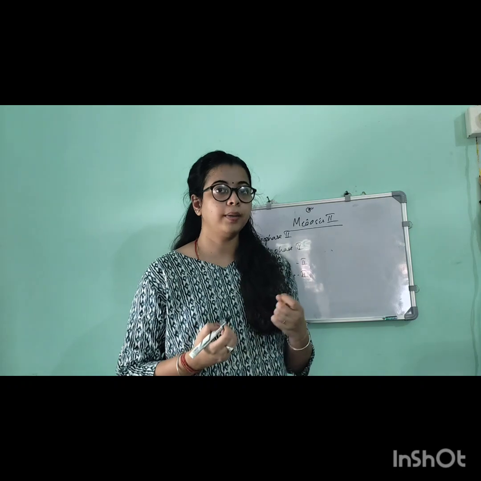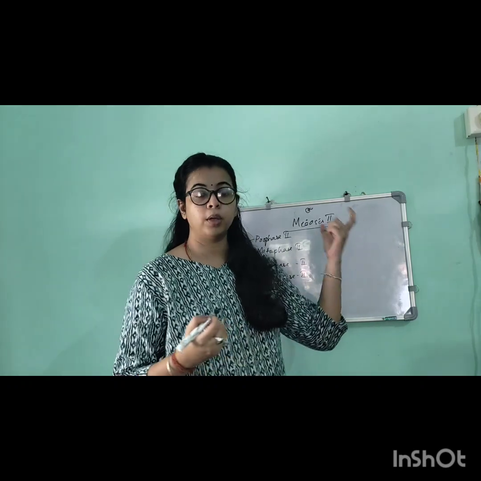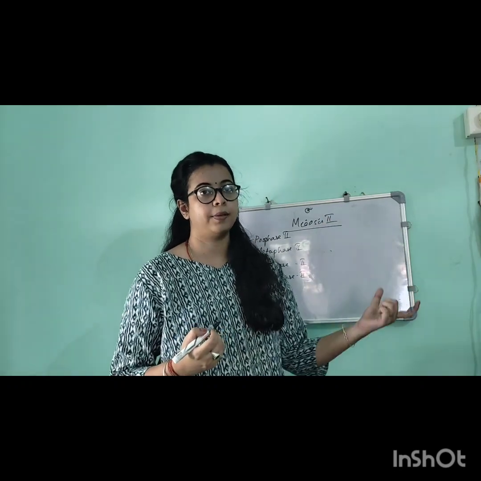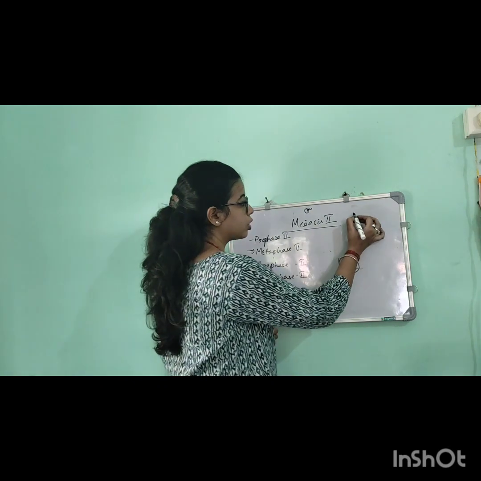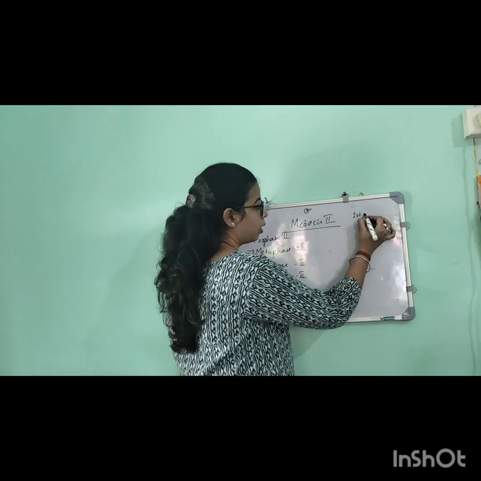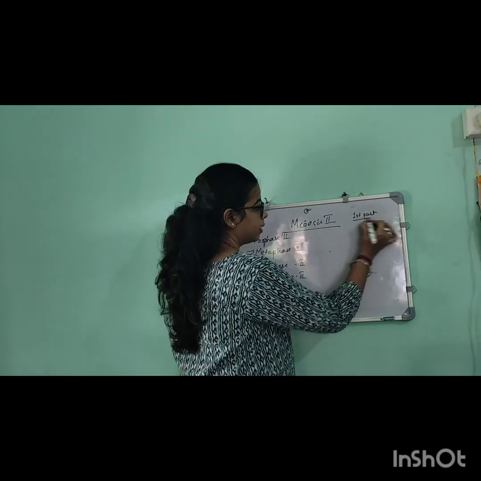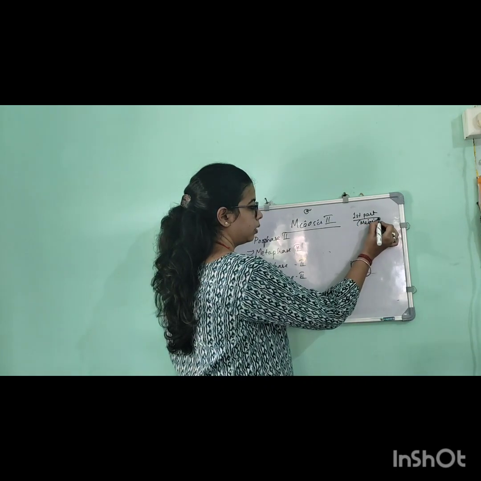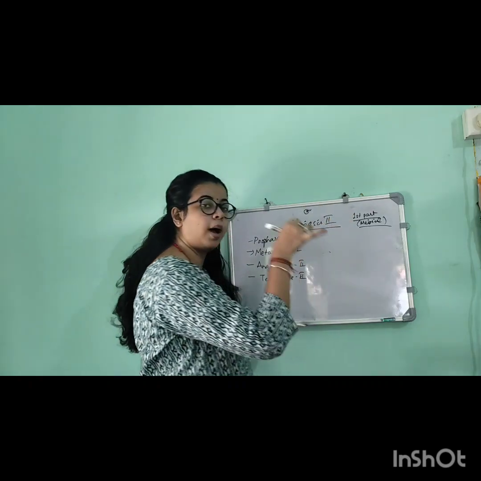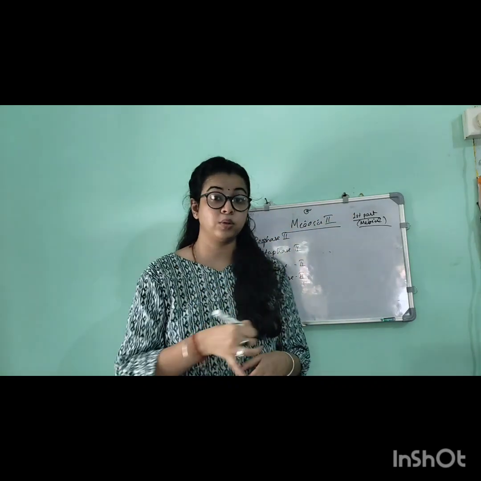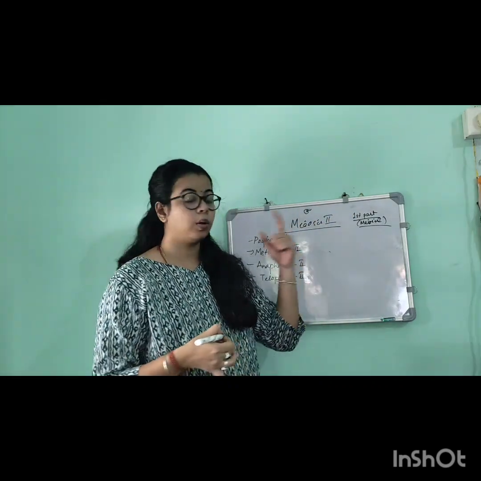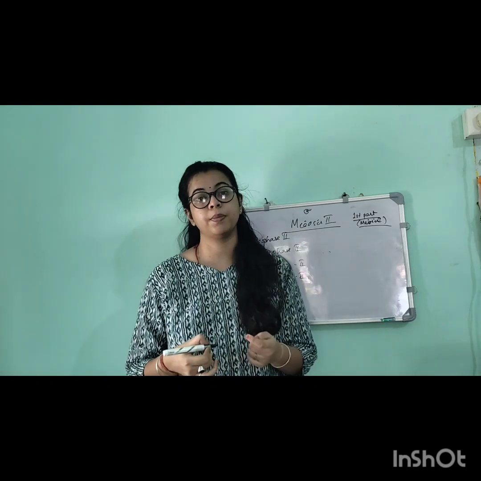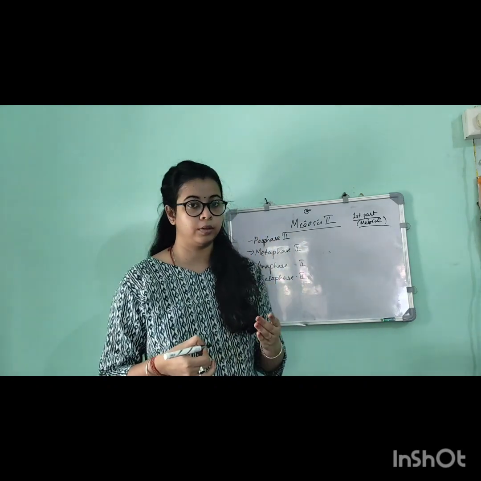If you want to know the difference, I recommend you watch the first part of this video, that is meiosis 1. Before that I also made one video about mitosis, and in the introduction part we discussed what is interphase.